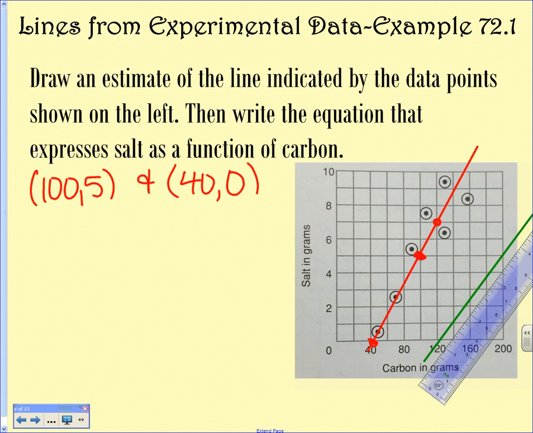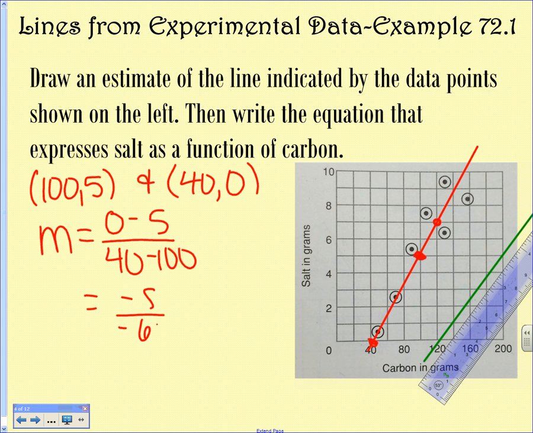All right, so how do we start these problems? Okay, how do you get your slope? 0 minus 5 over 40 minus 100. So negative 5 over negative 60, which is 1/12. Does that make sense? Okay.